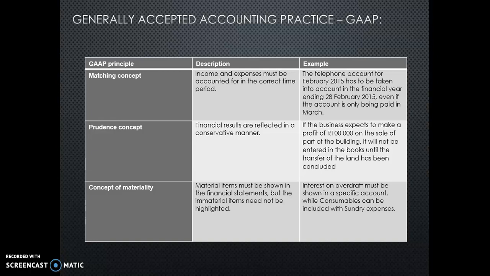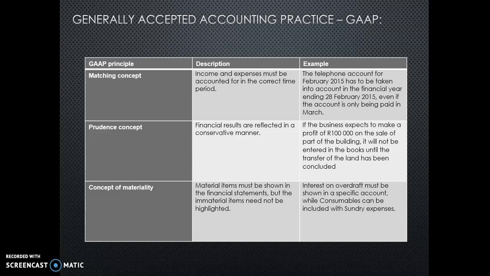Prudence means that financial results should be drawn up, and they should reflect a conservative approach. Quite simply put, if there are 2 methods of calculating the value of something, you take the more conservative approach. Materiality then, it's also that material items must be shown in the financial statements.